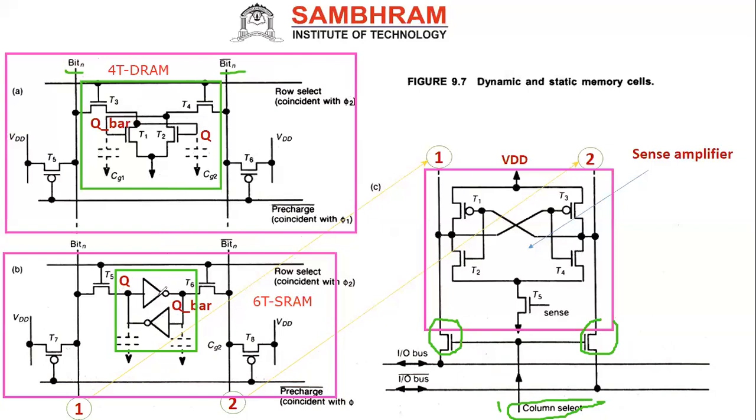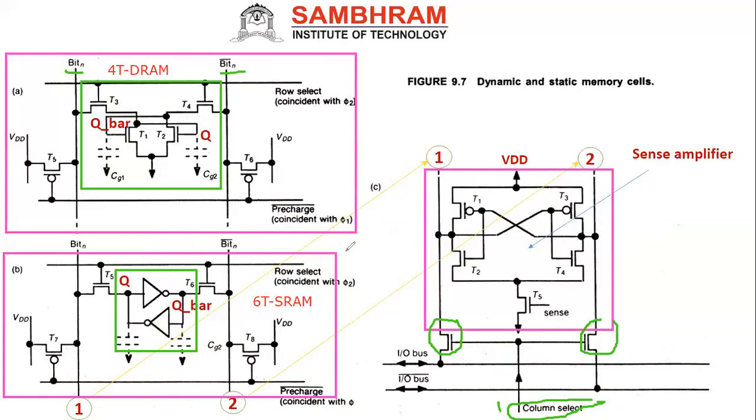Okay, so now how it is working. First let us see the operation of how the data will be written and how the data will be read. You should see here individually the operation. You can see like this is DRAM, this is SRAM, correct? So if I consider only DRAM, below this you think this sense amplifier is connected.